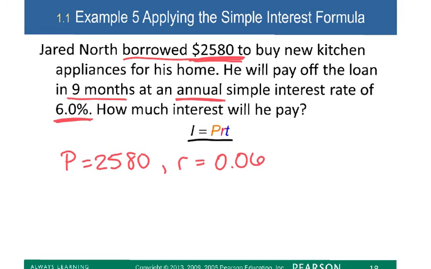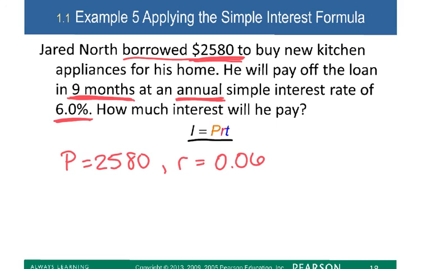0.06. And then I underlined annual to let y'all know that that really matters, because right now our time here is being measured in months, but it's an annual simple interest.